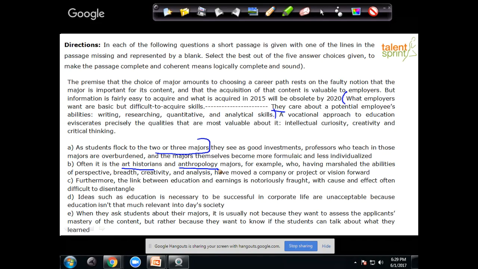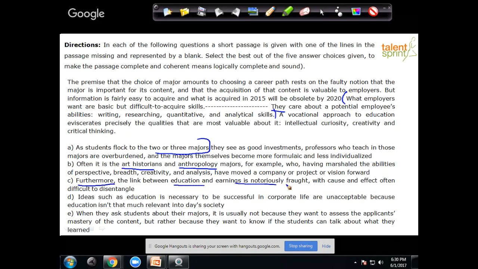Third, furthermore, the link between education. This furthermore doesn't make sense. When do you say furthermore? When you're trying to explain, when you're trying to add more details. So what employers want are basic but difficult to acquire skills, and then furthermore, the link between education and earnings doesn't make sense. Very illogical. Option C is unrelated. I cannot fit it in this blank.